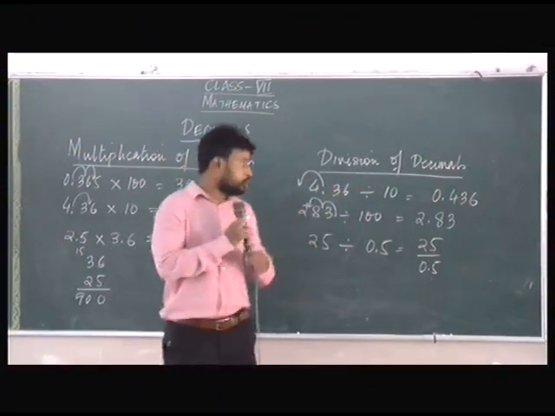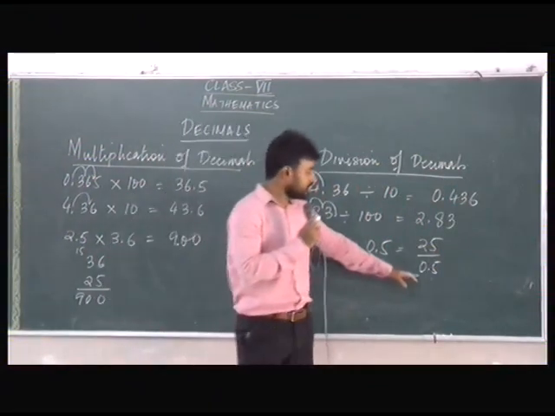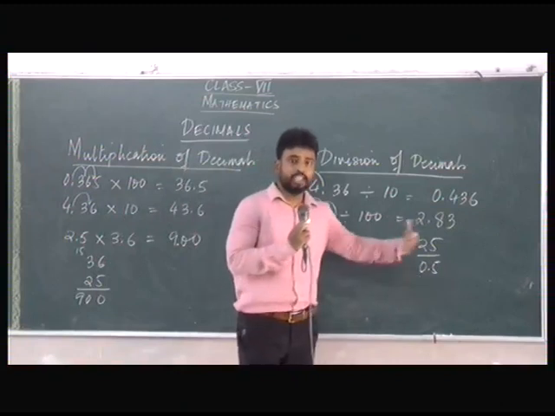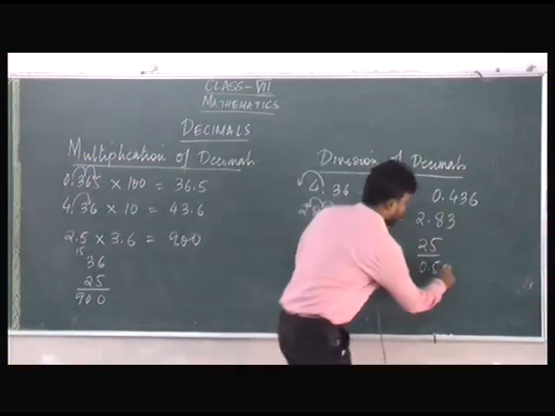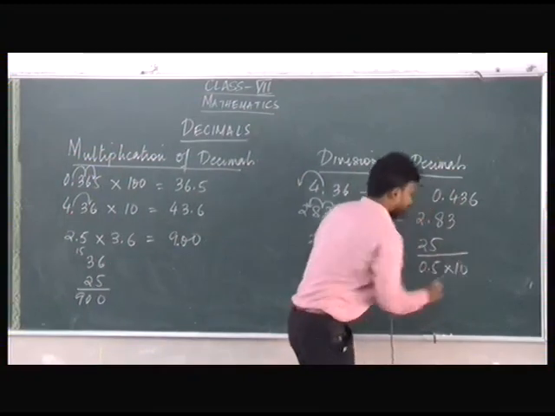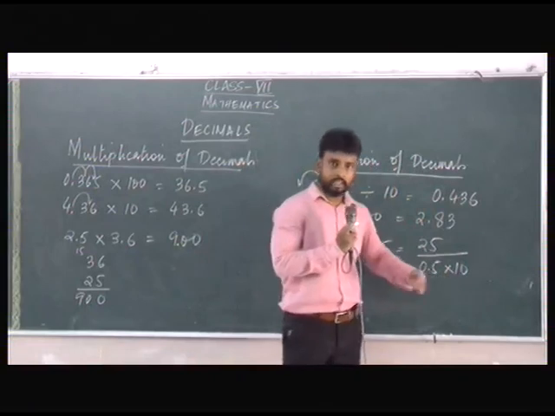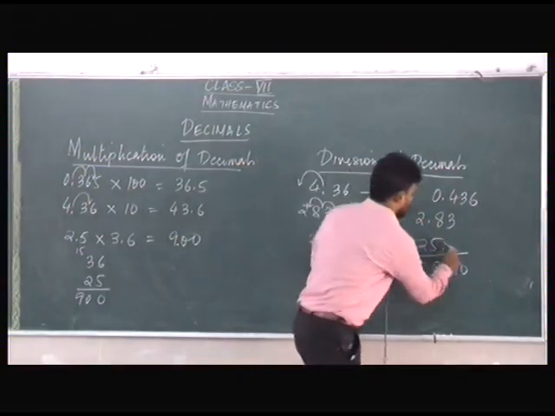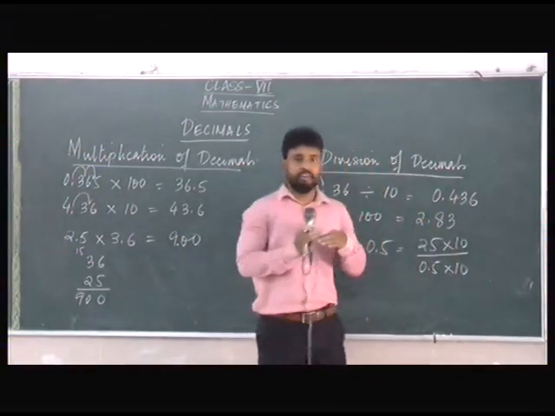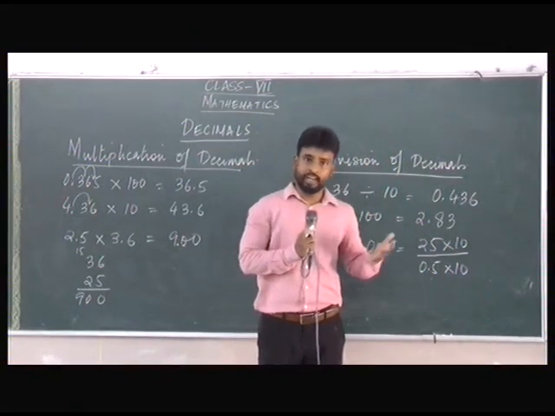Now in this case, since the divisor is a decimal number, we'll try to change it into a whole number. In order to change 0.5 into a whole number, we'll multiply with 10. Similarly, 25 also needs to be multiplied with 10 to maintain the balance.